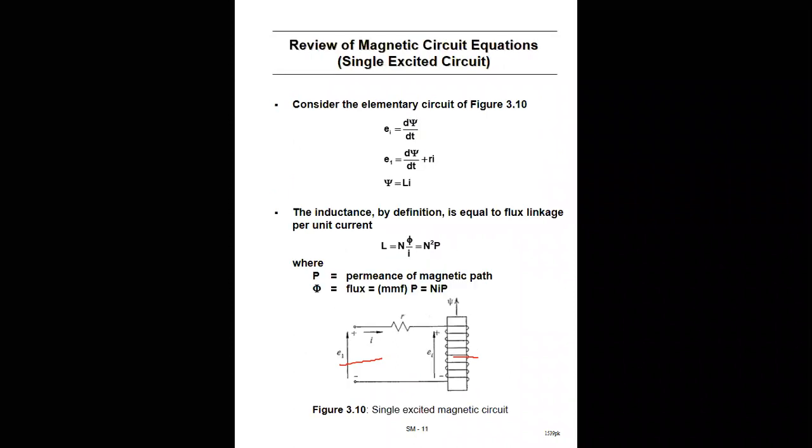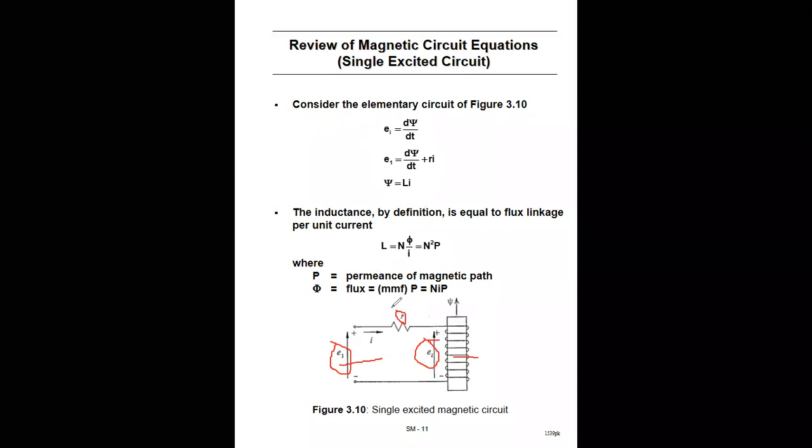We will take a review of magnetic circuit equations, which have been discussed earlier. Consider the elementary circuit of figure 3.10, which you can see at the bottom of this slide. In this, e is equal to d psi by dt, and e1 is equal to d psi by dt plus the drop across the resistance R times i, and psi is equal to L i.